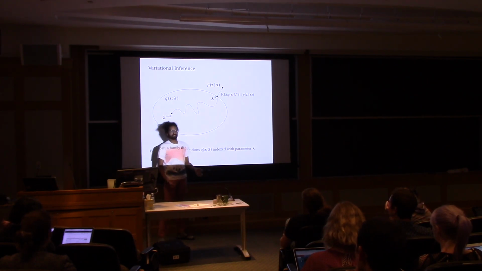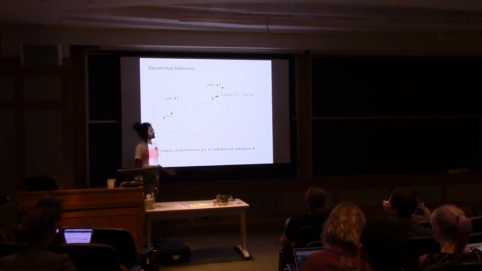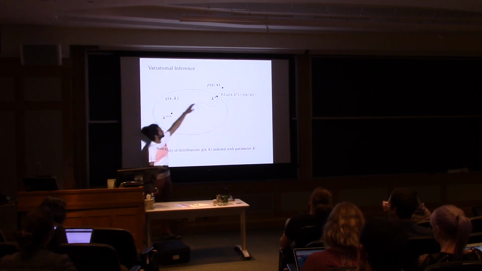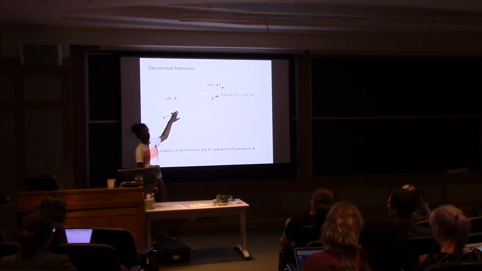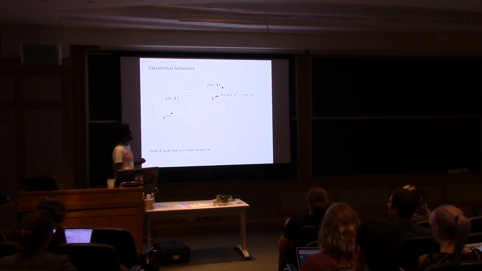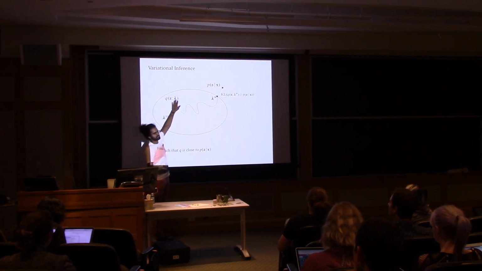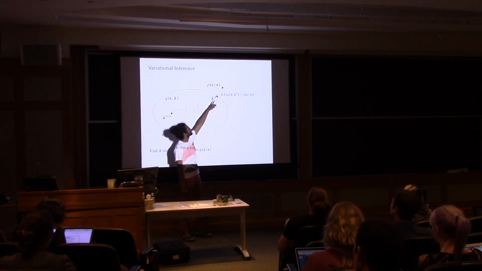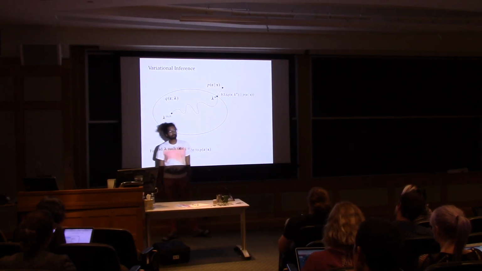And this is just indexing the variational approximation. And this big circle here is all the variational approximations, and different points are just different choices of lambda. What you'd like to do is find a lambda in this space so that the q, the variational approximation, is close to the posterior, which is that point outside the space over there.